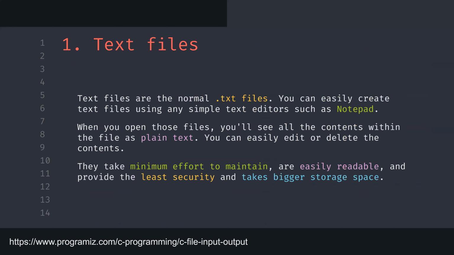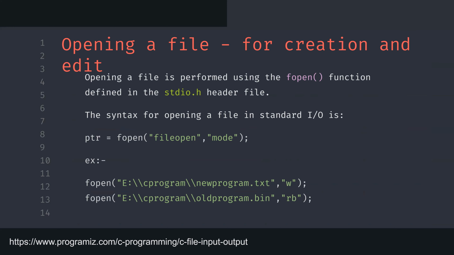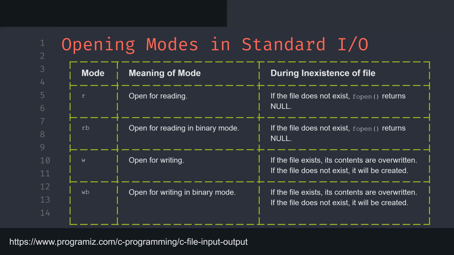So why do we need the marker? To know where we are going to do those operations. Operations are read and write, right? So the marker will be at the beginning. In that case, we are going to overwrite new program.txt if we open this text file in w or write mode, right?